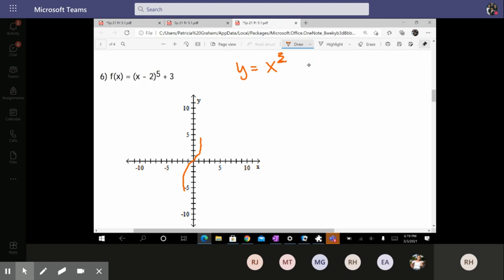Once again, I don't care. Y equals x to any odd exponent, I'm going to have negative 1, negative 1, 0, 0, and 1, 1.